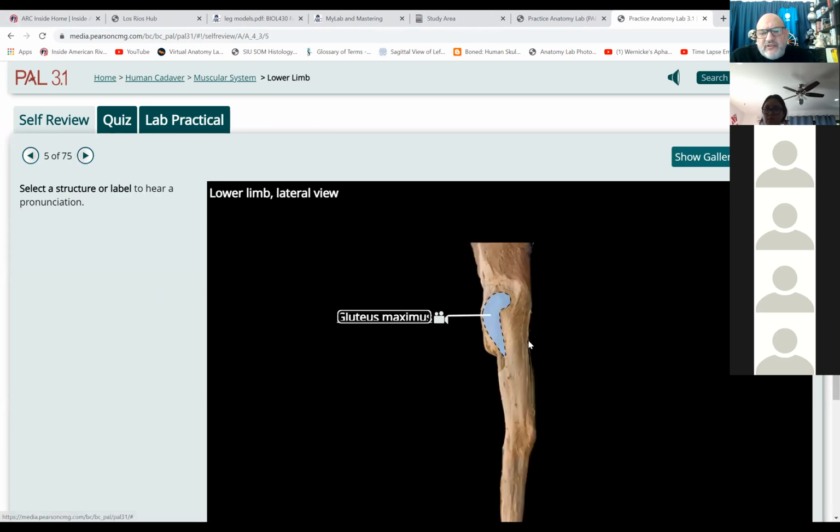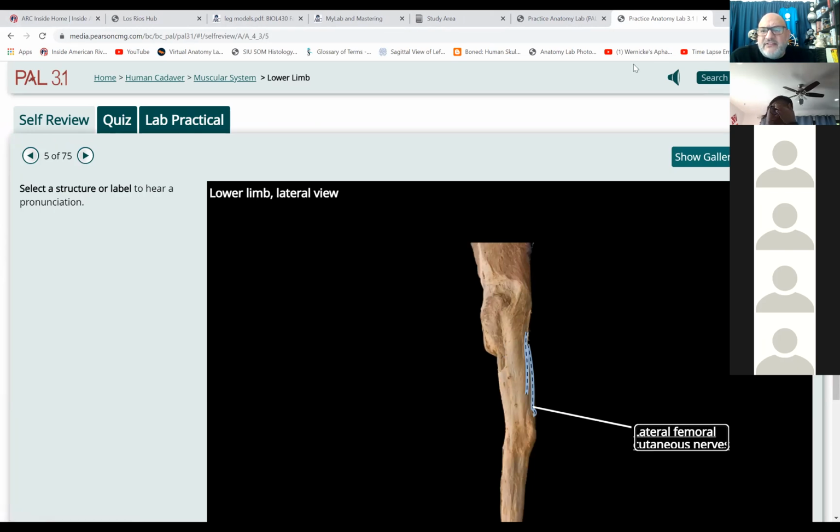Notice here, we see the entire fascia lata intact. Here we can see, where's my highlighter, where it's wrapping around the leg.